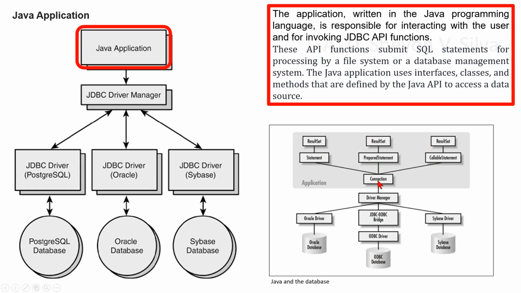A Connection object's database is able to provide information describing its tables, its supported SQL grammar, its stored procedures, the capabilities of this connection, and so on.